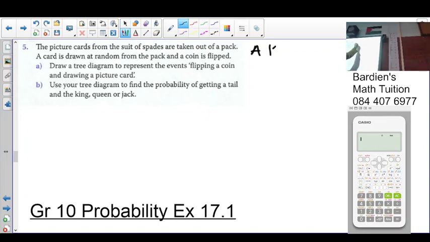Ace, king, queen, jack. Okay. A card is drawn at random from the pack and a coin is flipped. Draw a tree diagram to represent the event of flipping a coin and drawing a picture card. Okay?